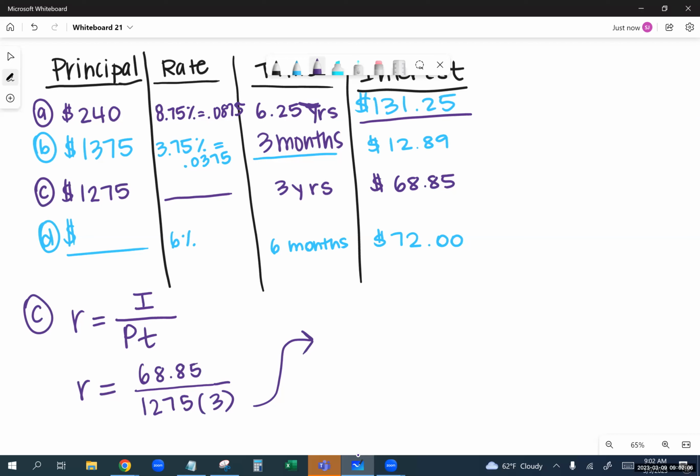So my rate is equal to, you get your calculator, hit the N over D button, 68.85, go down, do 1275, open 3, close, enter.